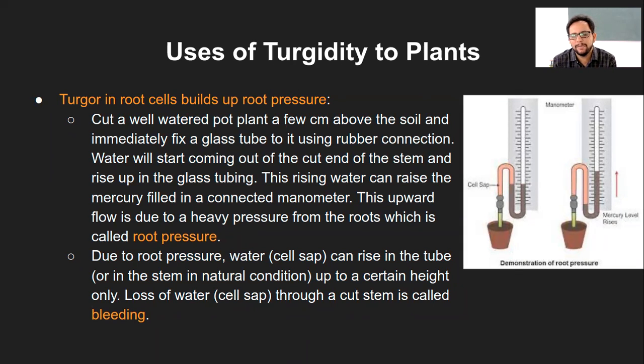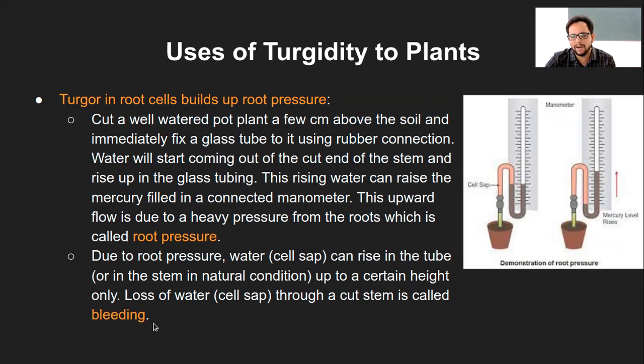This is a very specific phenomenon with very specific plants, and also the water content of the soil and the surrounding has to be more. If it is hot weather, this will not happen because transpiration is the more favored mechanism than bleeding. But bleeding is nothing but when you cut the stem a bit, like a deep wound, the water starts coming out, and that loss of water through the cut in a stem is called bleeding.